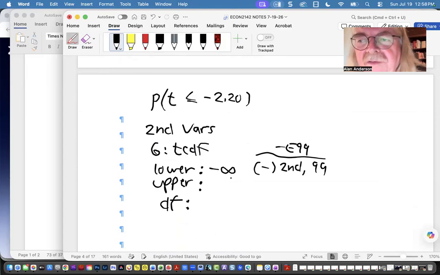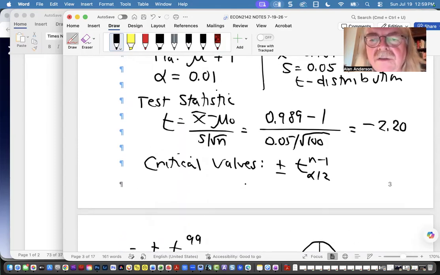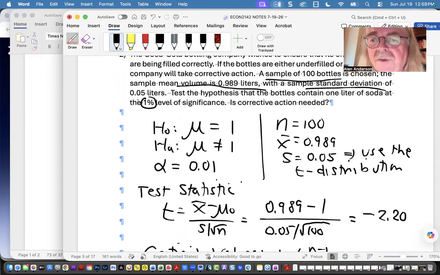All right, so of course we don't have a negative infinity key. We instead use negative second comma 99, which is replaced in the window by negative 1 E99. Upper is the negative 2.20, and since the sample size is 100, we have 99 degrees of freedom.